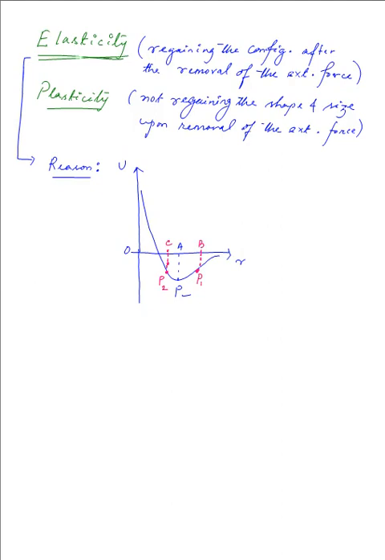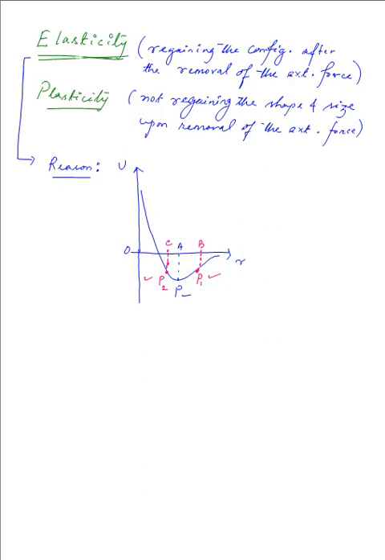This tells us that the energies at P1 and P2 are greater than the value at P, and as a result the body, which always tends to remain in the least energy state, will restore itself to that point P or that distance OA. That is the reason behind this elastic property.